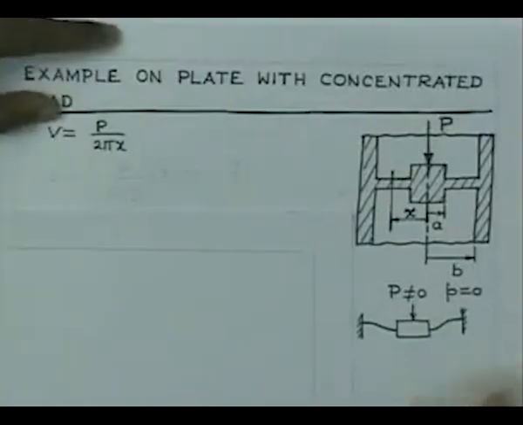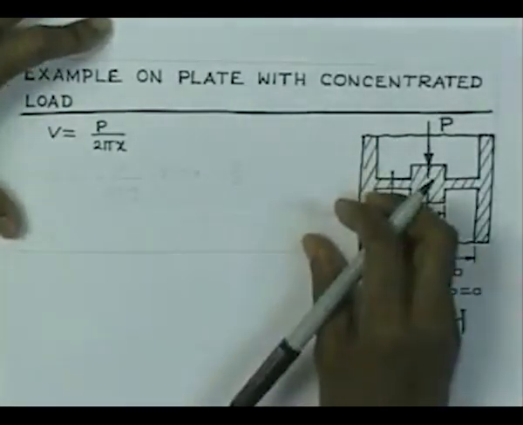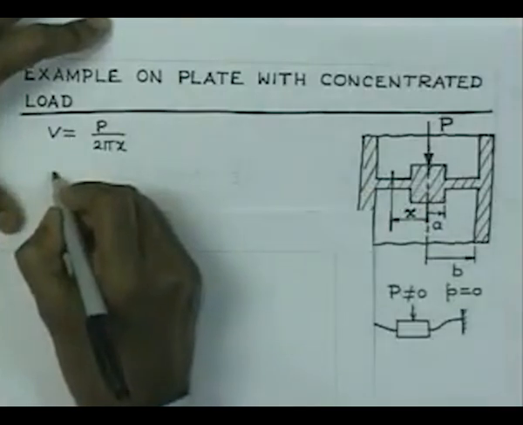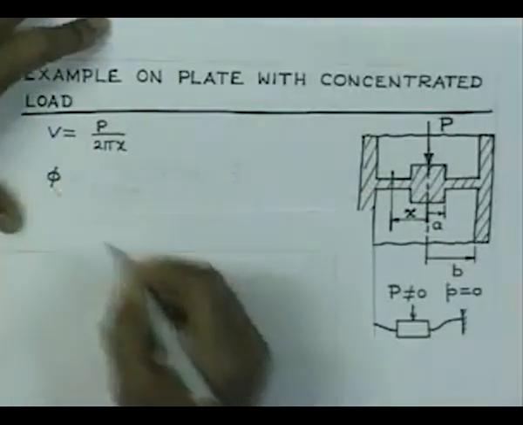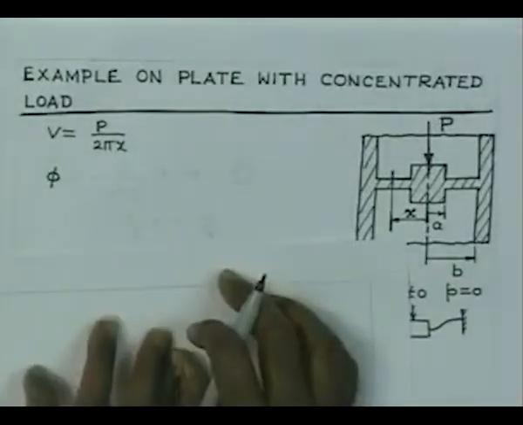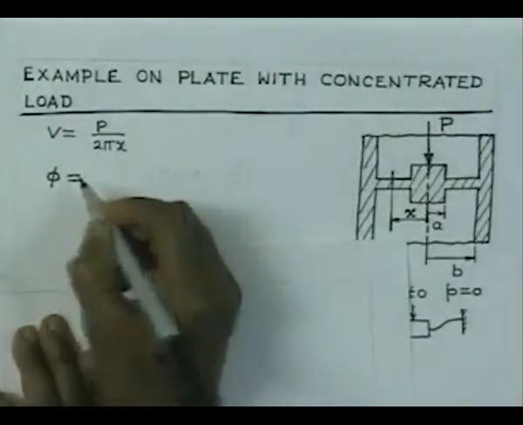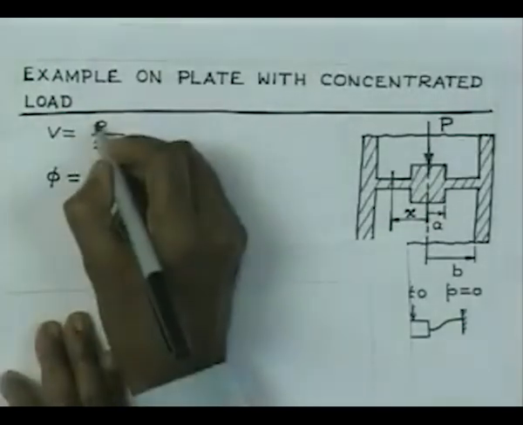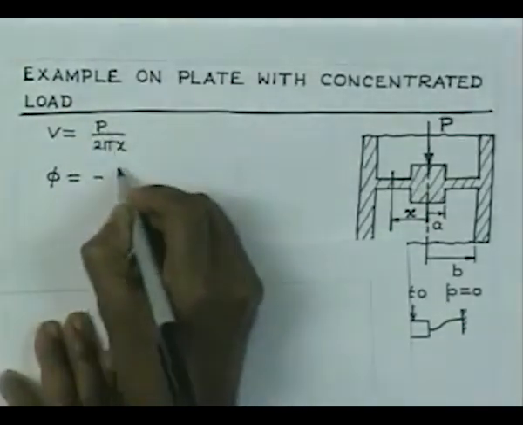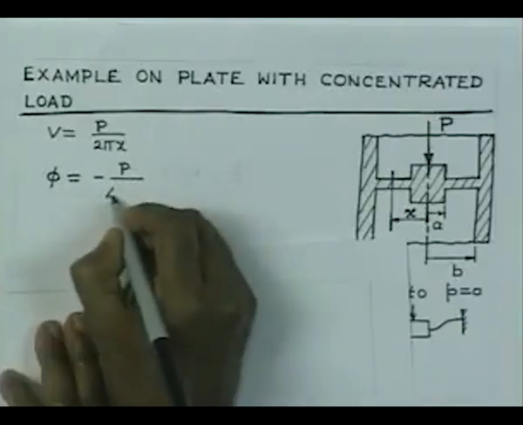And now, we will have phi, the relationship that we have derived last time. There we substitute small p equal to 0, and hence we will get the expression for slope phi.